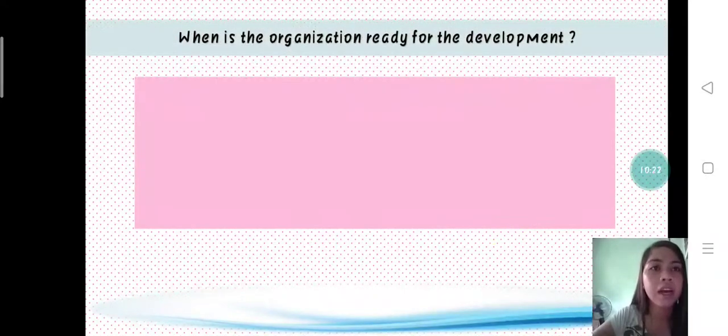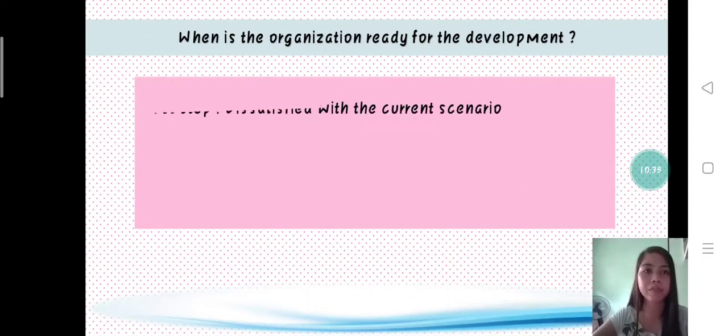And now, when is the organization ready for development? So, kanus-a to maingon if the organization is ready na talaga for development. So, first step is being dissatisfied with the current scenario.